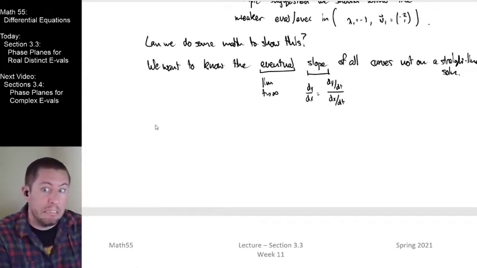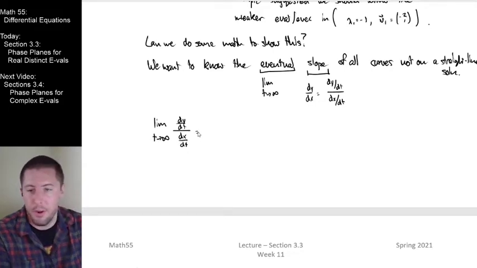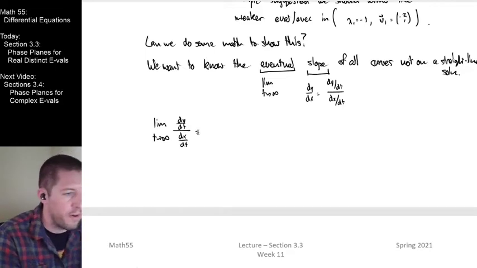So let's go ahead and see if we can do this crazy beast. What I want to know is the limit as time goes to infinity of the slope of our solution curve, which I'm going to write as dy dt over dx dt. That's really our dy dx, just with another underlying variable t associated with it.